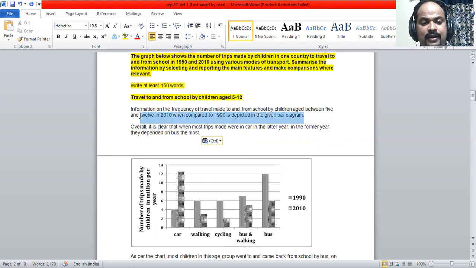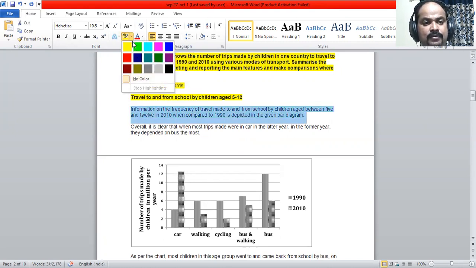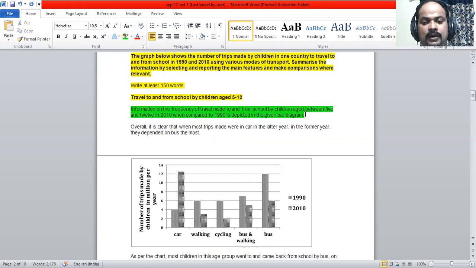So what is there special here? Information, it means the data on the frequency of travel, the times of travel made to and from school by children aged between 5 and 12.